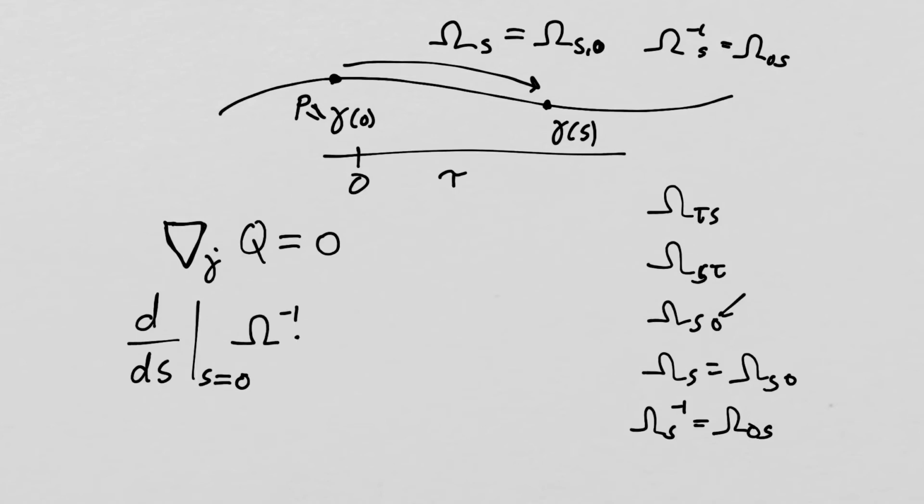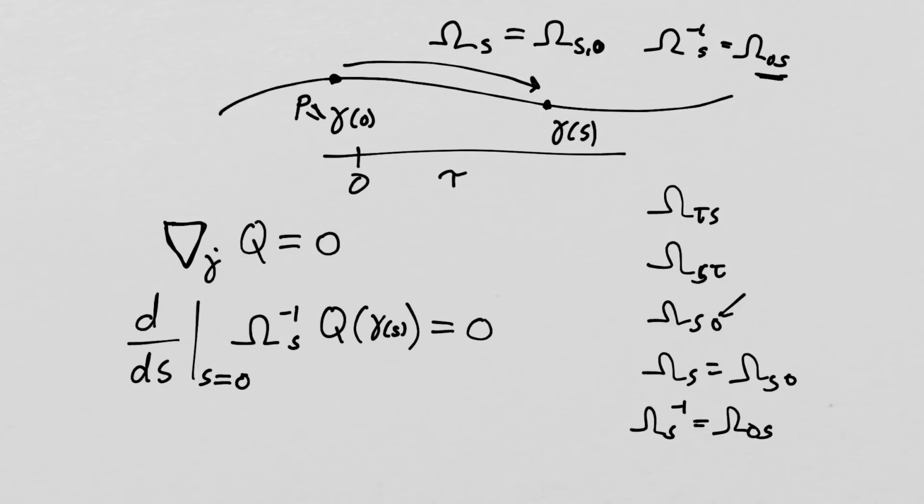The inverse function of s, meaning moving from s to 0. I'm moving from s to 0 based on this notation, of q at gamma, evaluated at gamma s.